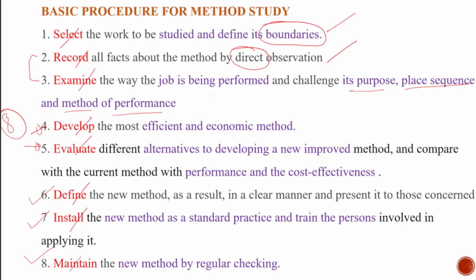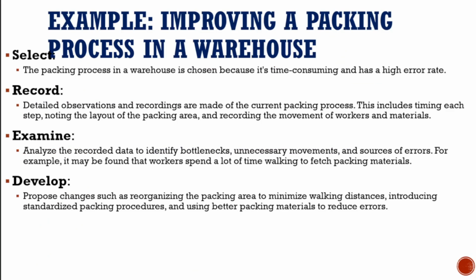Let us talk about an example where we can understand the method study. So first, improving a packing process in a warehouse. So this is the example. Selection: the packing process in a warehouse is chosen because it is time consuming and has a high error rate.